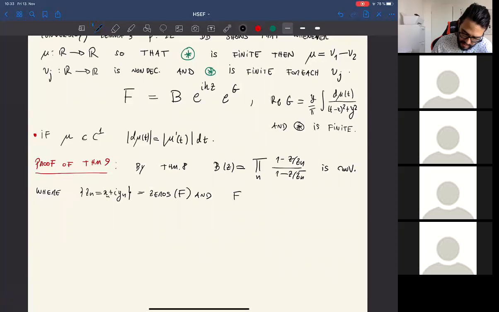And we know that F is just some B times L, and L is still a function of bounded type. That's what we proved in theorem 8.